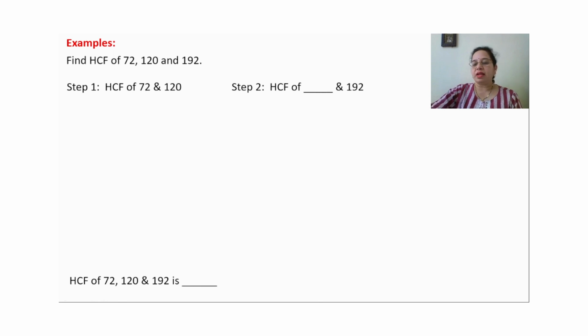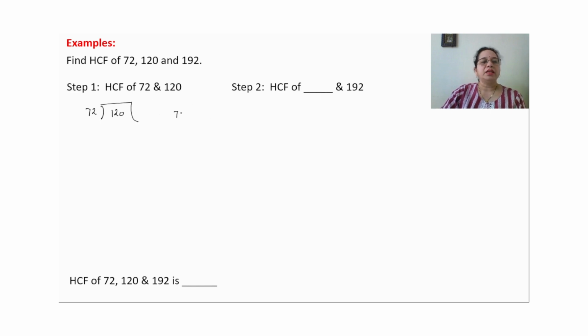Take one more example, 72, 120 and 192. Here also we will take two numbers, 72 and 120, at a time. The smaller number is 72, then 120. How many times can we divide?